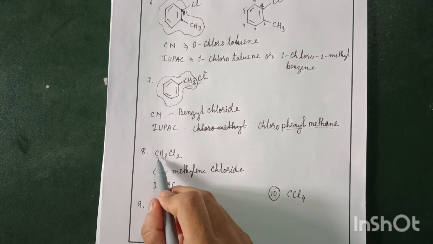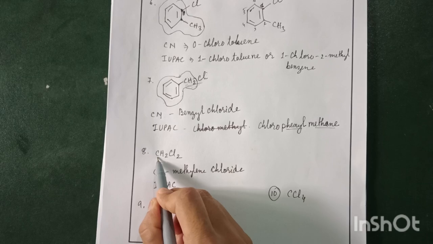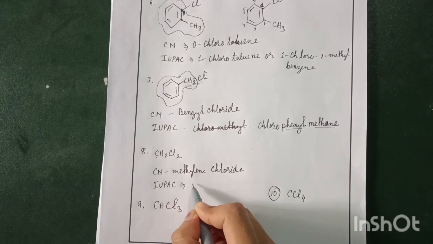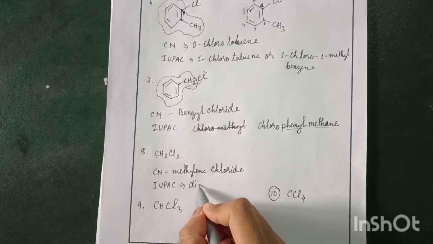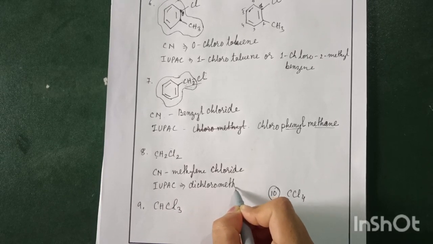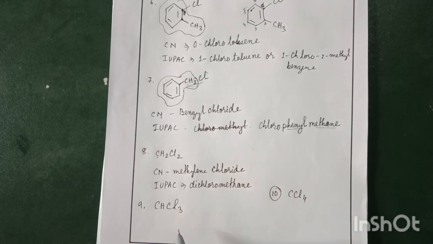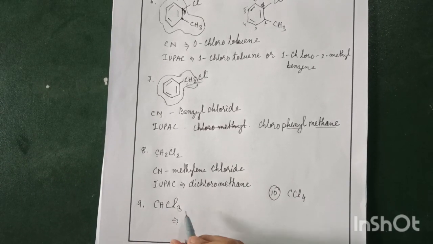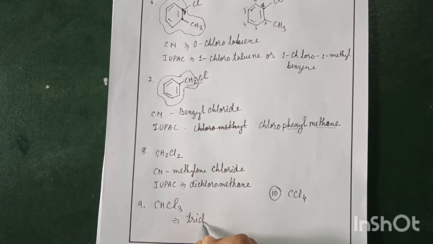Now for the IUPAC name, how many carbons are here? Only one. We always start with the halogen group, so it is dichloromethane. And what is this? Only one carbon. How many chlorines are there? Three. So we will call it trichloromethane.